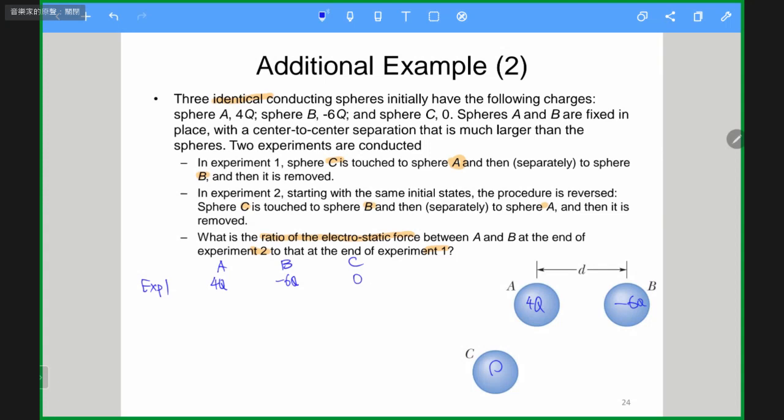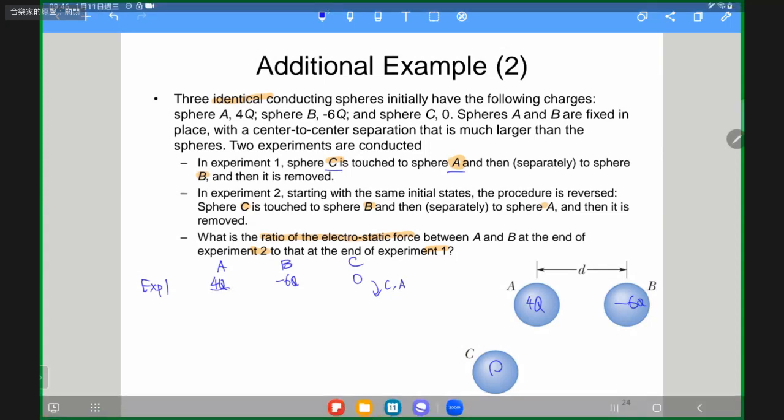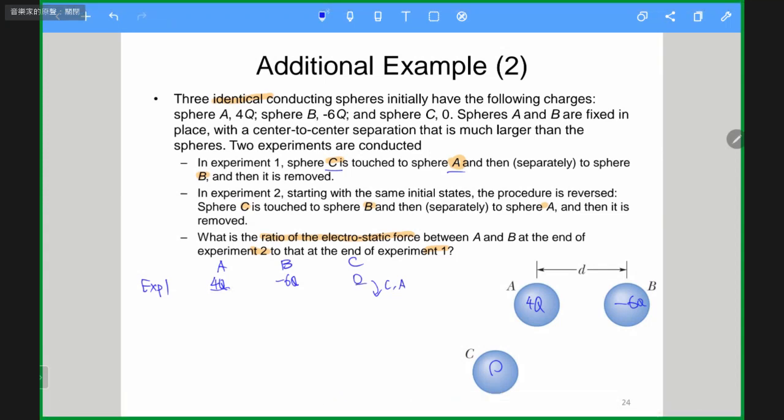For the first step, C touches A. This means that these two numbers add together and then divide by 2, and then equally separate to A and C. So 4Q plus 0 is 4Q, and divided by 2 is 2Q. So A is 2Q, C is 2Q, and B remains unchanged at negative 6Q for the first step.